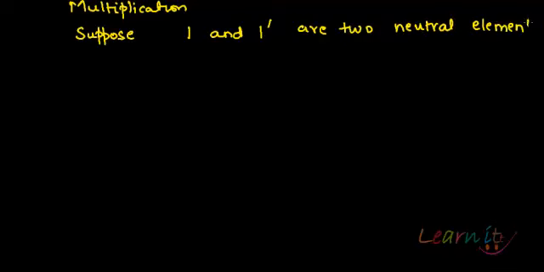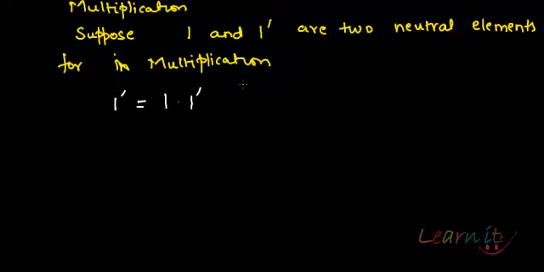Suppose we have 2 neutral elements, 1 and 1 prime, in the field, in multiplication. That would mean that 1 prime equals 1 into 1 prime.